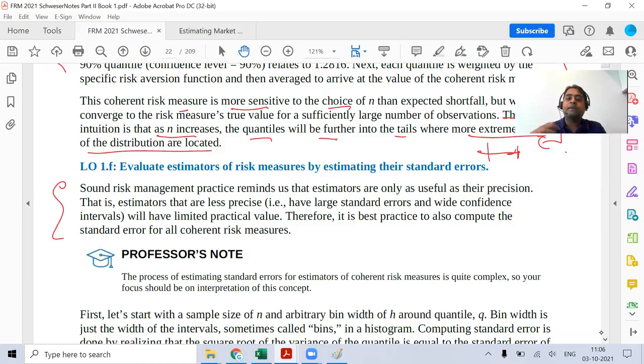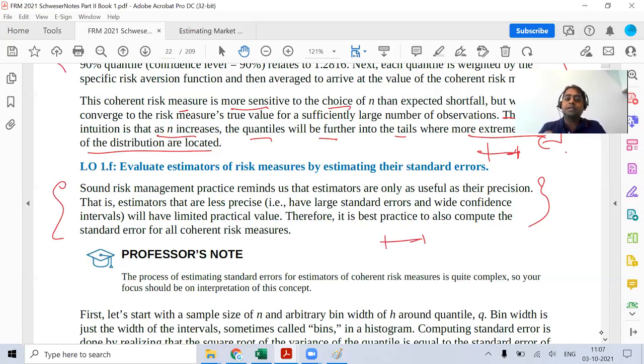This is similar to your sample movement, your hypothesis testing chapter, where we said that if my sample-finding methodology is incorrect, if there was some bias in my sample, then the confidence interval around my mean X bar will be bigger because my standard error was high. So here, we want to find how reliable the coherent risk measure we have found is, so we are finding the standard error and the confidence interval.